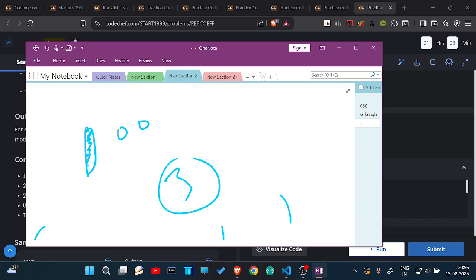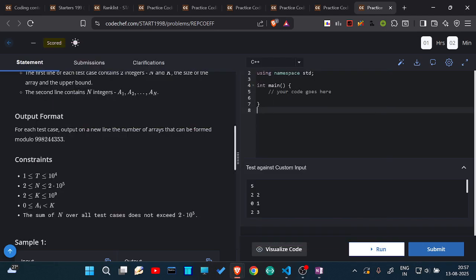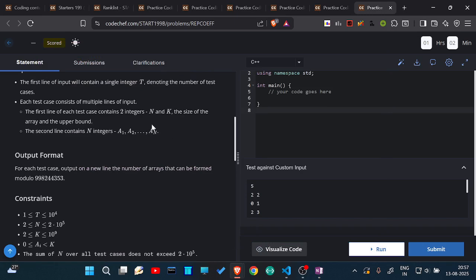DP is getting this, previously we got this. So this can be solved in the DP. Let's start off with it. Oh, what are the values that you can get?